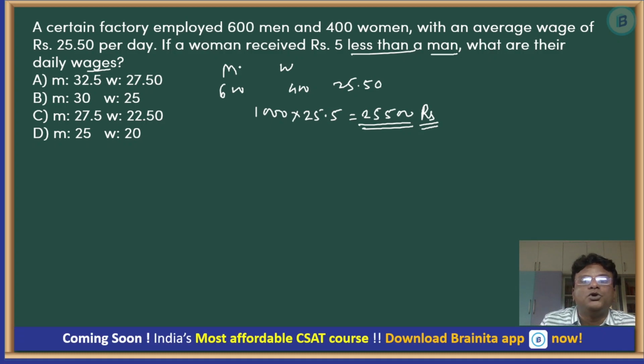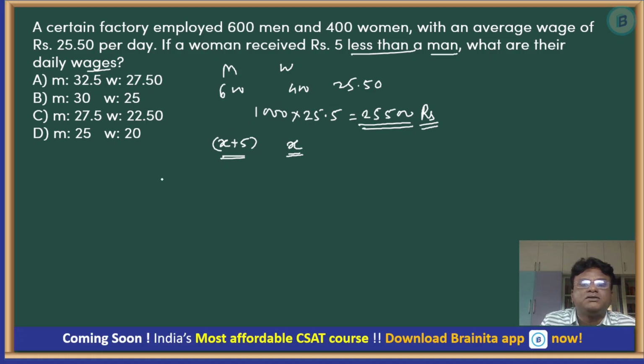Now we have been told that a woman received 5 less than a man. Okay, so let us assume that women's daily wages are X and men's daily wages are X plus 5. So now we will separately calculate their total wages.